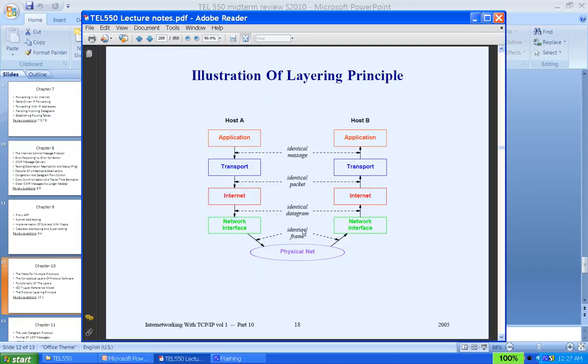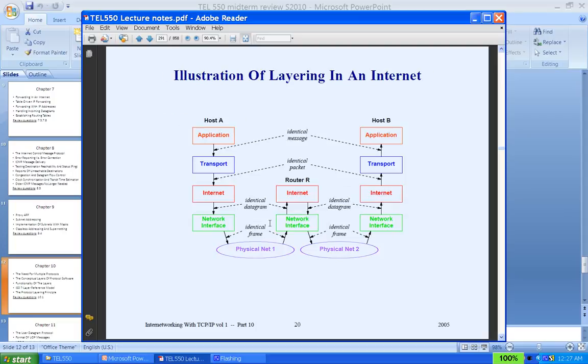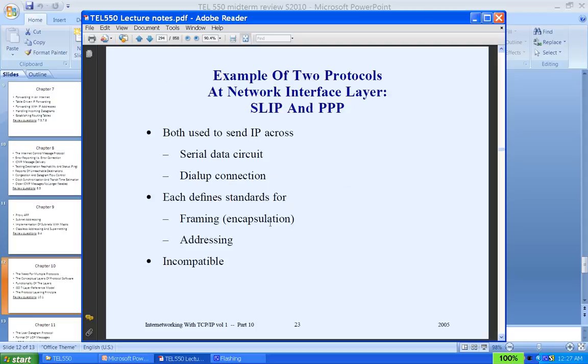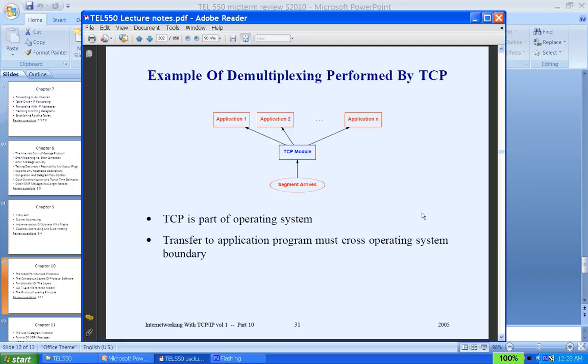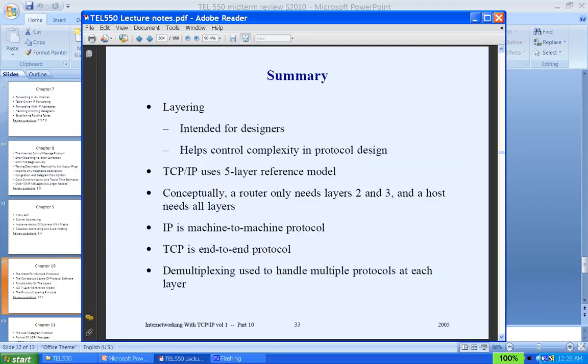And also understand the function of each layer and how the layers communicate with each other in a network scenario. And we need to understand the multiplexing and demultiplexing concepts.